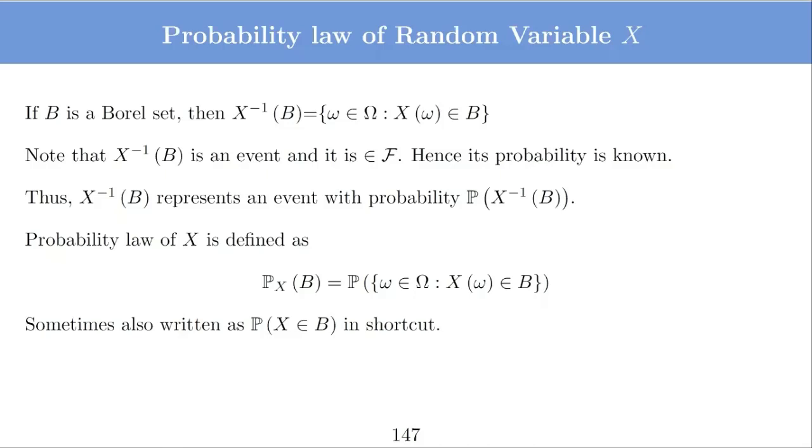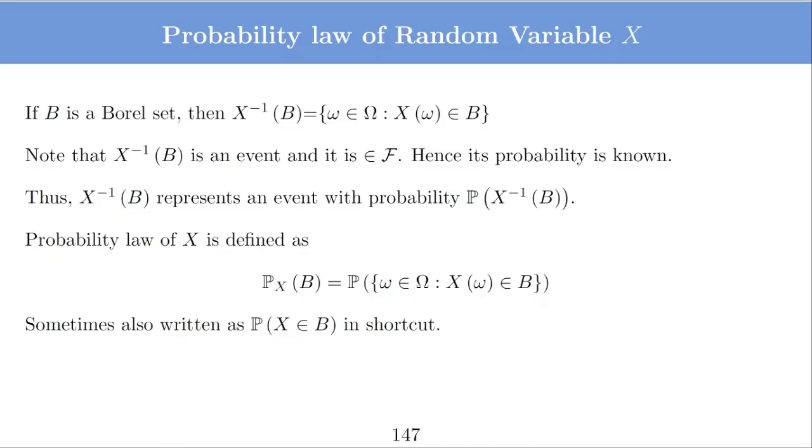So how are they the same? You can see X is X of omega. So when I say X omega is in B, it means the random variable takes value inside B, and I am interested in the probability of this. So when will X omega take value in B?